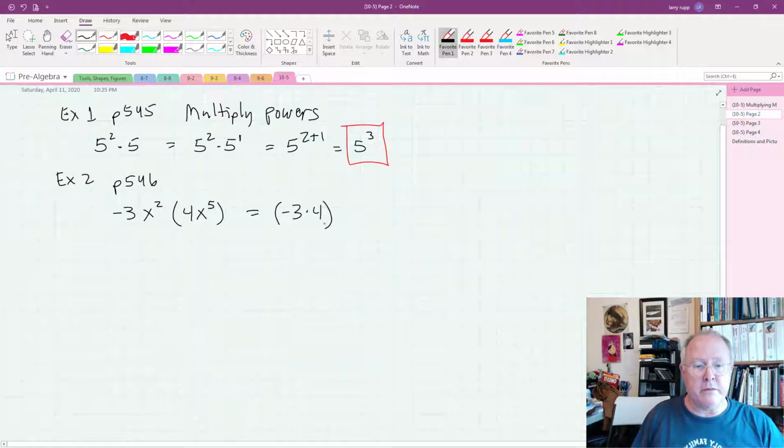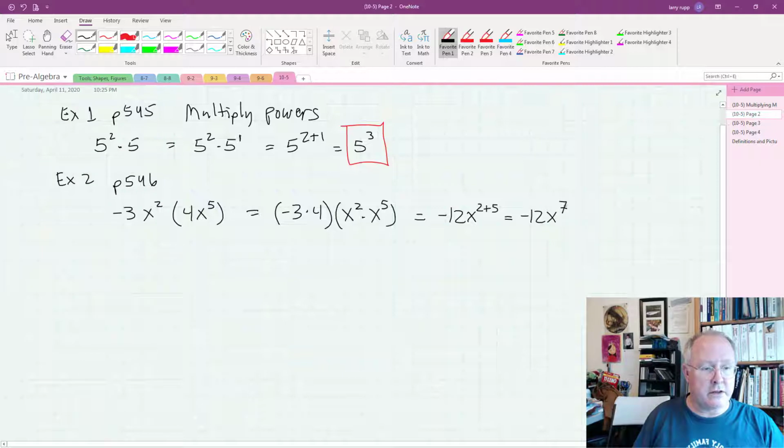Negative 3 times 4. Multiplication allows you to do this, remember? Negative 3 times 4, and then what's left is x squared times x to the 5th. Well, that doesn't look so terrifying now, right? Because negative 3 times 4 is negative 12. And x squared times x to the 5th, we've learned that already. That's x to the 2 plus 5, or we have negative 12 x to the 7th. Not so big of a deal.